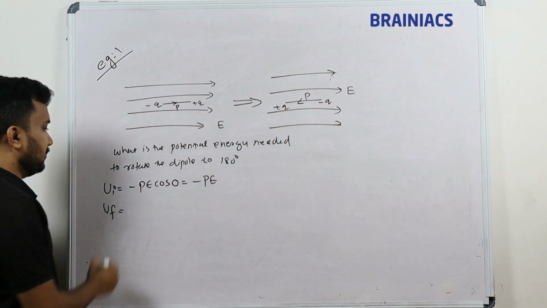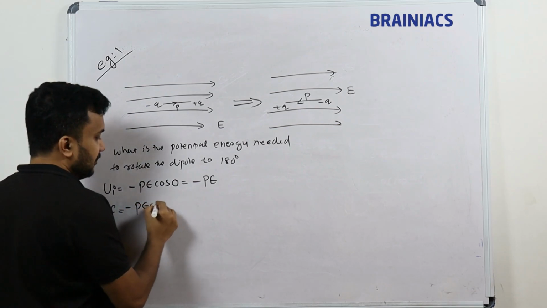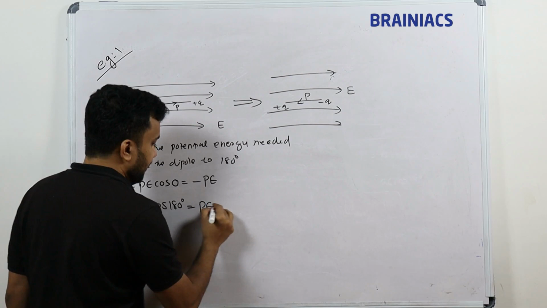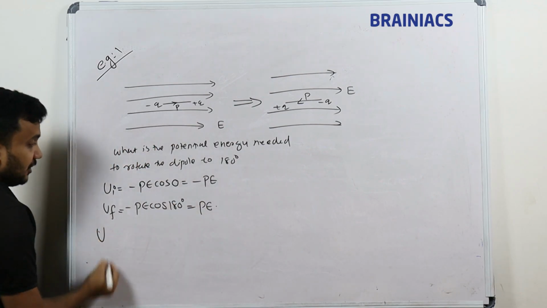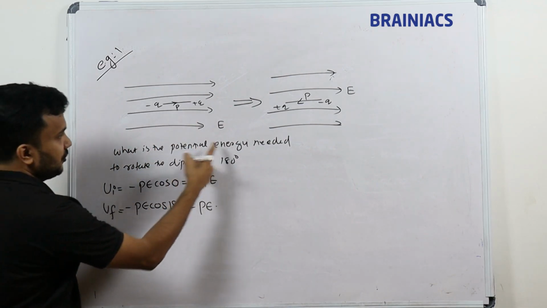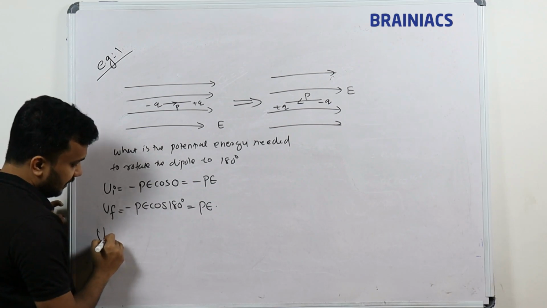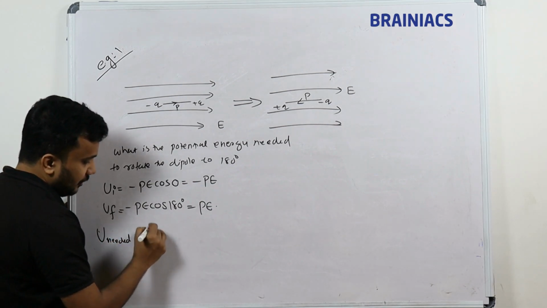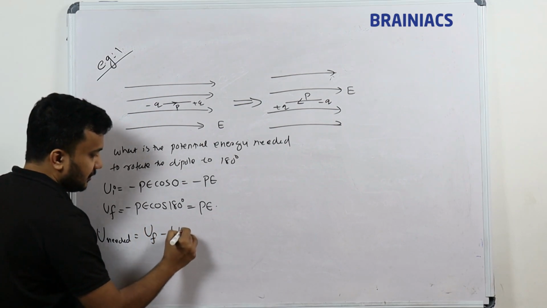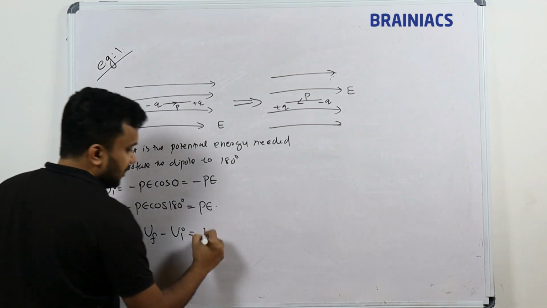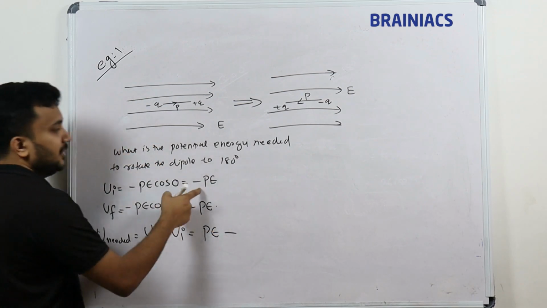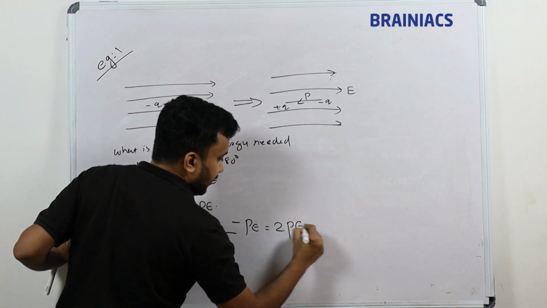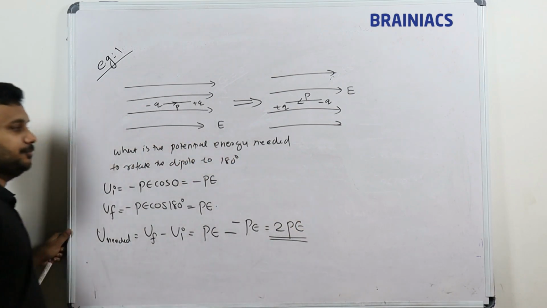So if you rotate like this, the final potential energy is minus PE cos 180, which is equal to PE. The potential energy required is final potential energy minus initial potential energy. Final is PE, minus initial is minus PE. So the total potential energy required is equal to 2PE.